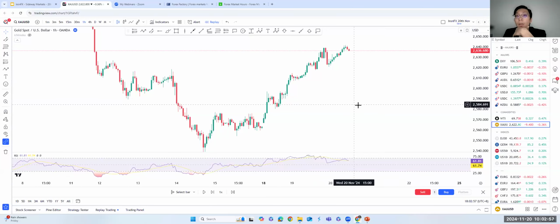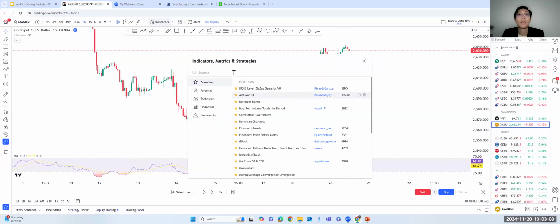But most of the time what I realized is, there's resistance and there's support level, and sometimes when you buy at the support level, it will fall to a lower support level. So I rather enter at the pivot level. It's much easier.